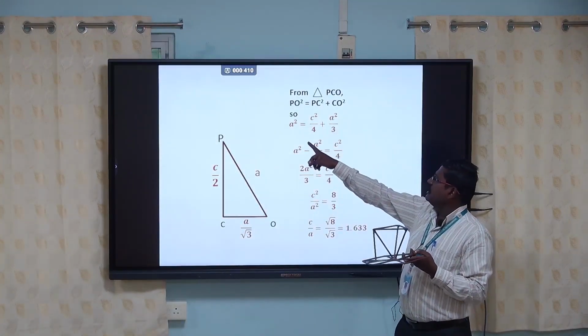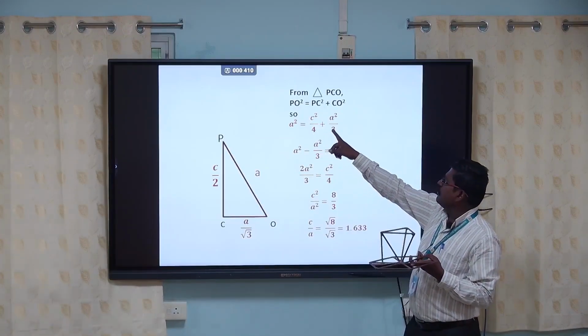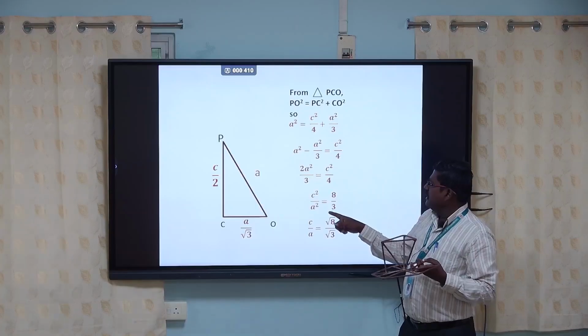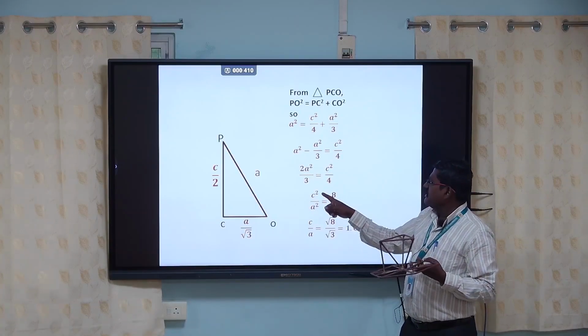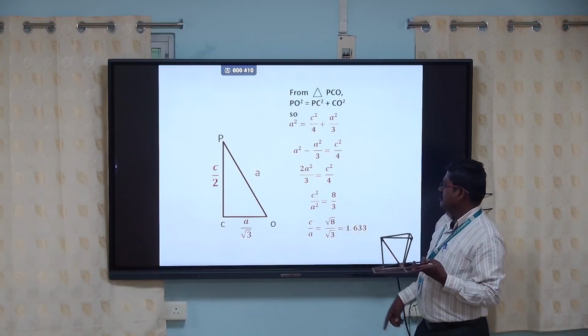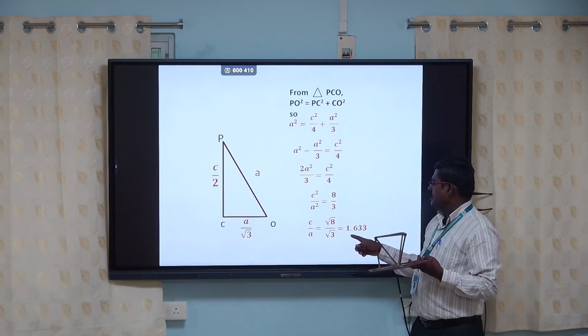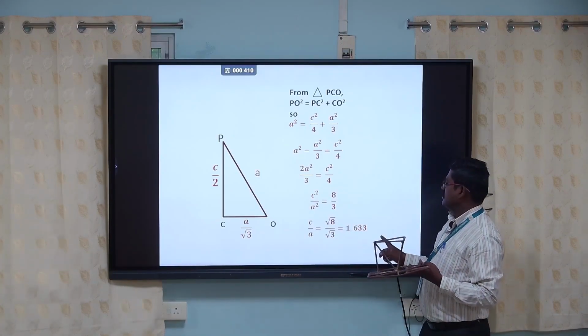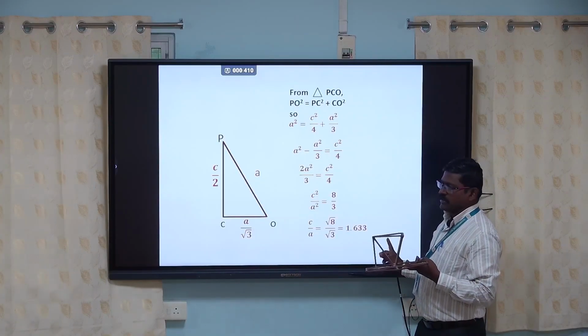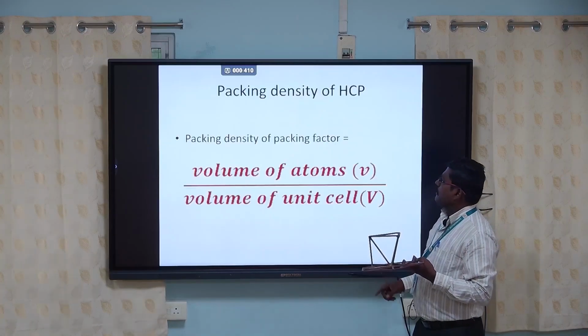Substituting all the values, A square is equal to C square by 4 plus A square by 3. I bring all the A's to one side and take C square by A square. Finally I get the value C by A is equal to root 8 by root 3, which is 1.633. This is the axial ratio, which is crucial to calculate the packing factor.